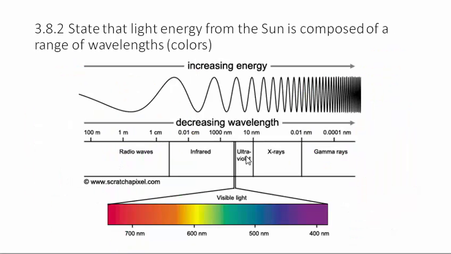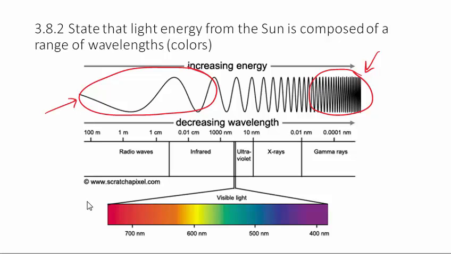The last few assessment statements that this video is going to cover have to do with light energy and wavelengths. You can see you have very small wavelengths of light, and you can have very large wavelengths of light. When they're really close together, this is very high energy, and when they're far apart, that's very low energy, low frequency. And the visible part of the light spectrum is actually quite small.